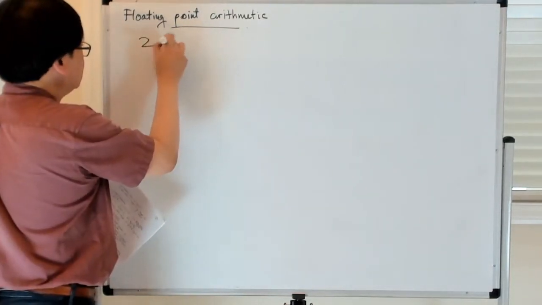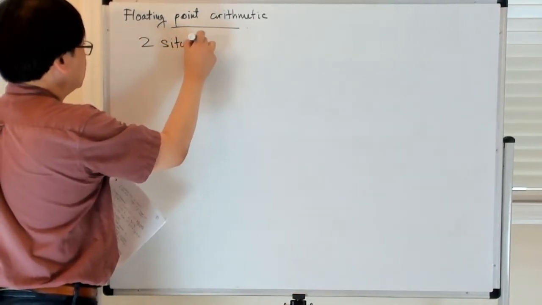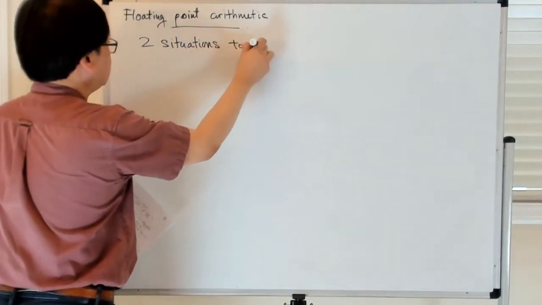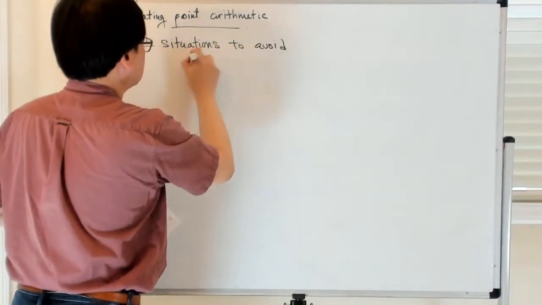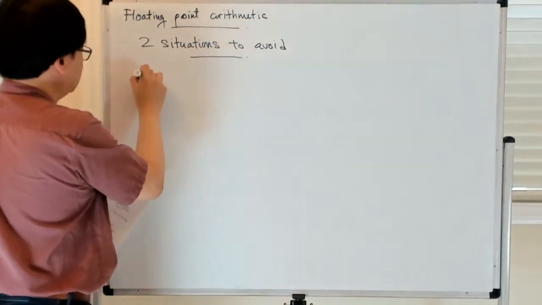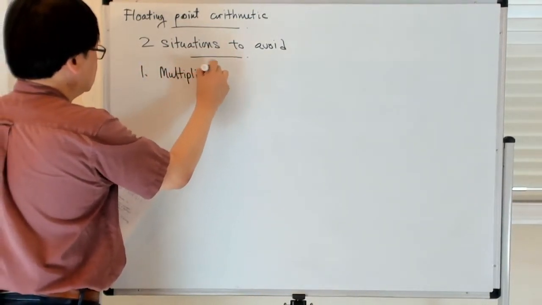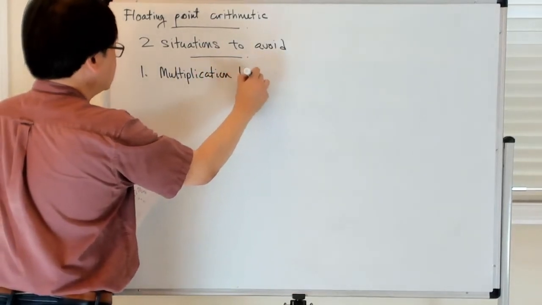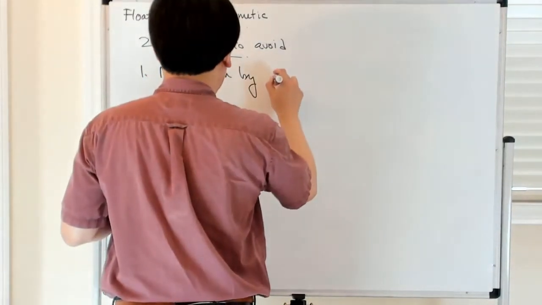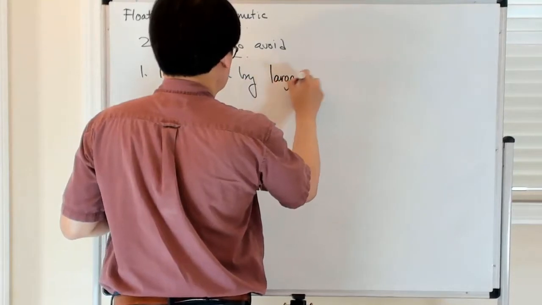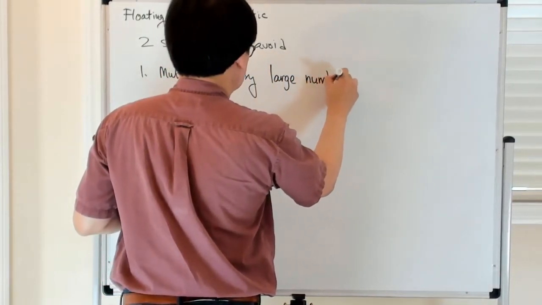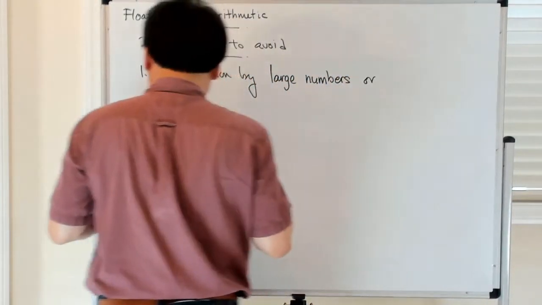So, two situations to avoid. The first one is multiplication by large numbers, or division by small numbers.